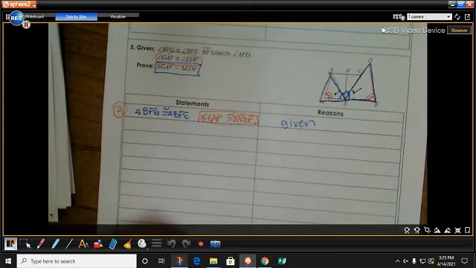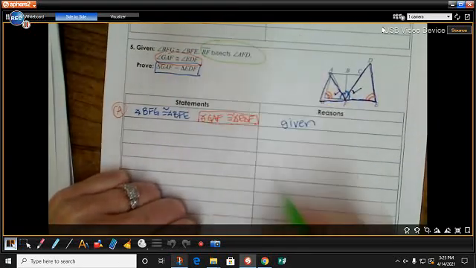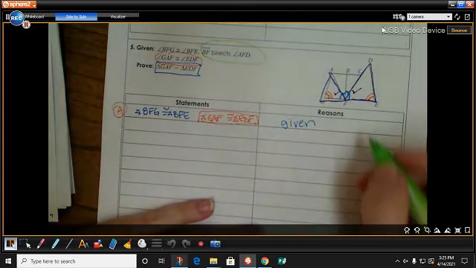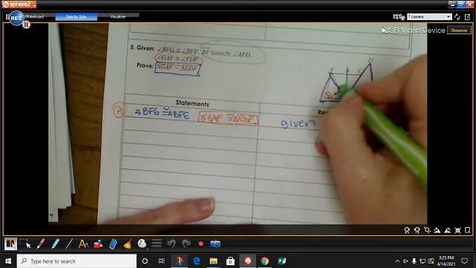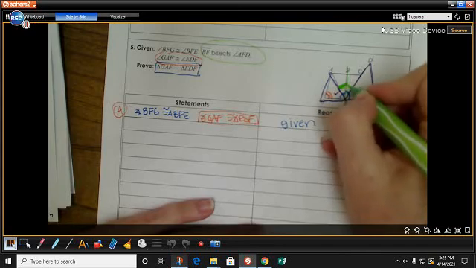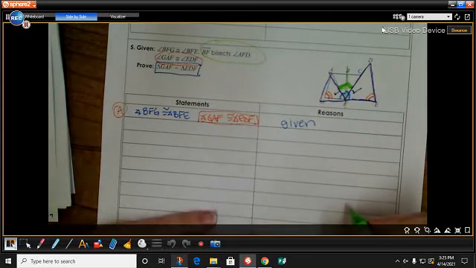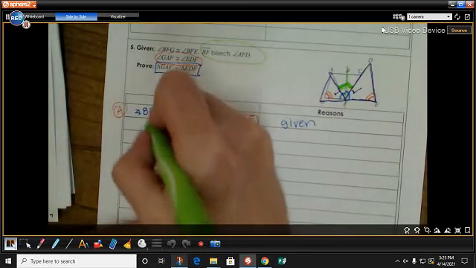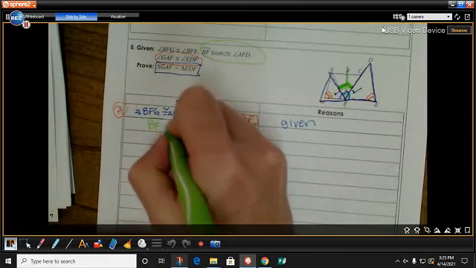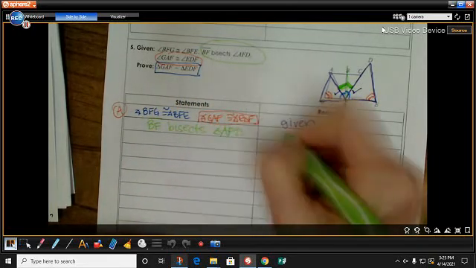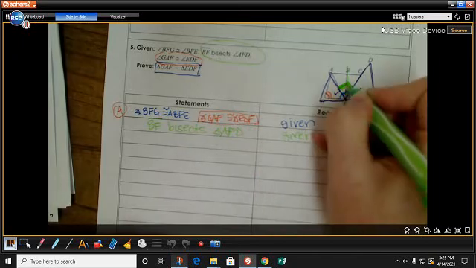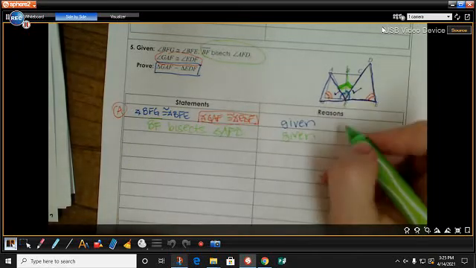And this is going to involve the other piece of information they give us, which is BF bisecting angle AFD. If BF is bisecting, that means this half is congruent to this half. So once I've put my given down, I'm going to be able to say that the two halves are congruent.